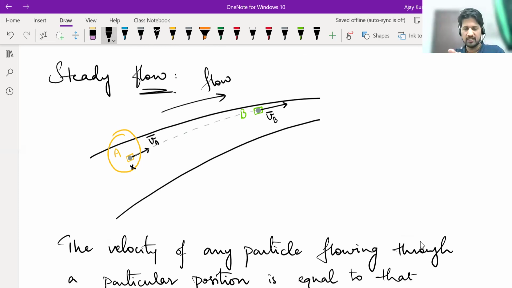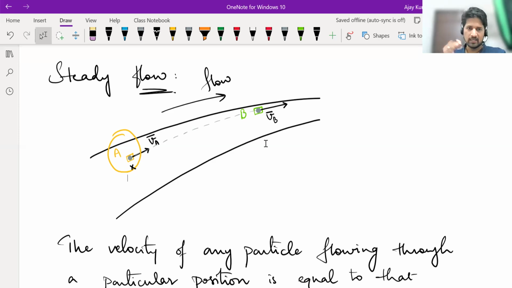Some other particle Y will take that place. Y also should have the same velocity which X had when it was there. And that should happen everywhere. Then the flow is called steady flow. Is this clear to all of you? The velocity of flow at a particular position is fixed. Any particle coming to that position must have the same velocity which the previous particle there had.